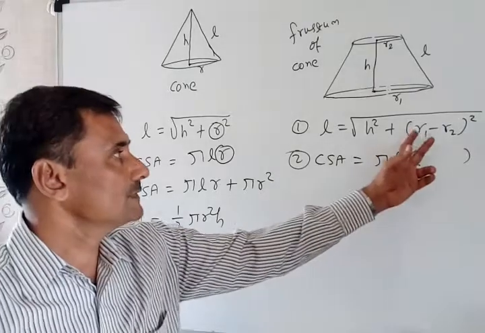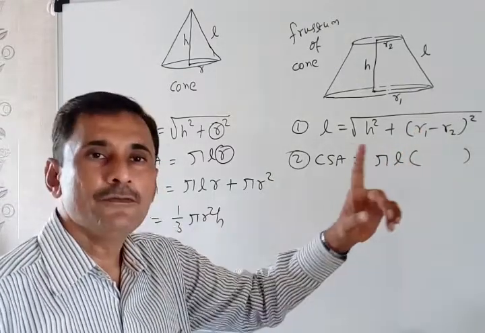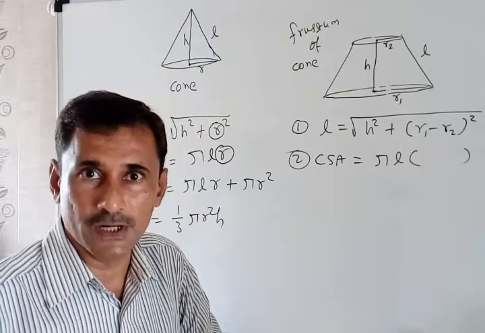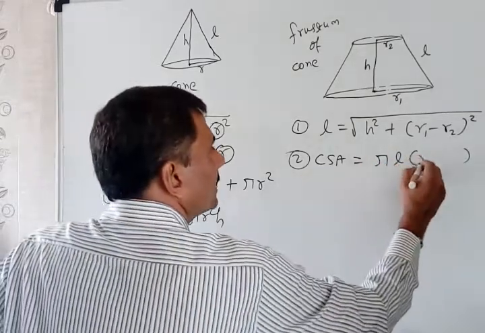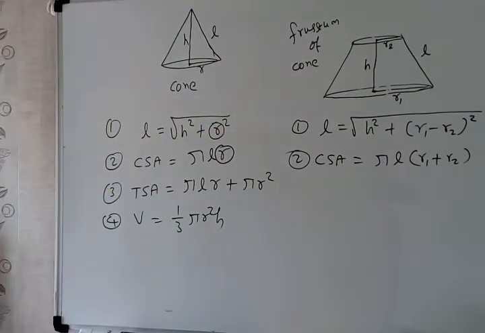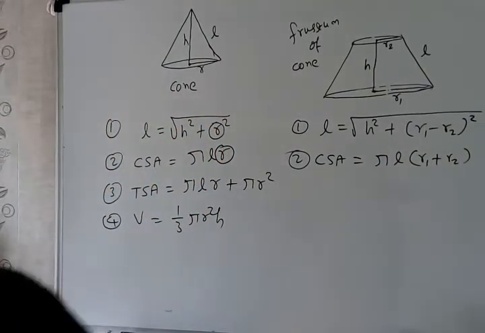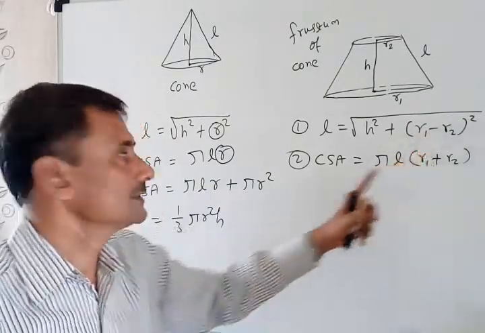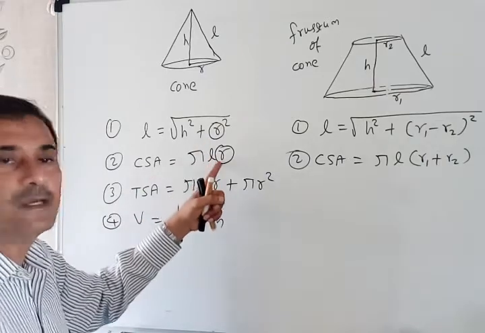Here we take the sum of both radii, the addition of both radii. So it will be R1 plus R2. Here is the sum of both radii, there is the difference. You just relate that way.